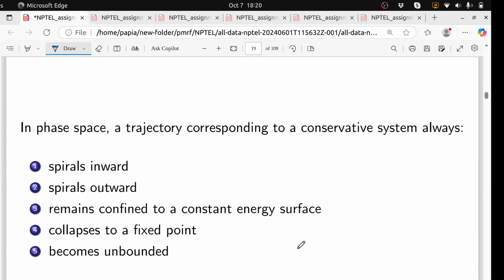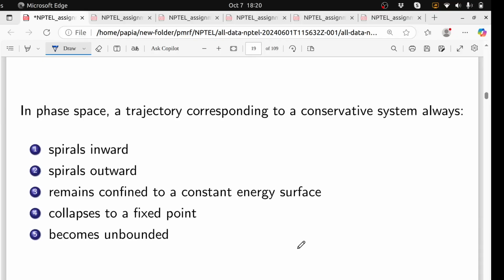In phase space, a trajectory corresponding to a conservative system always spirals inward, spirals outward, remains confined to a constant energy surface, collapses to a fixed point, or becomes unbounded.